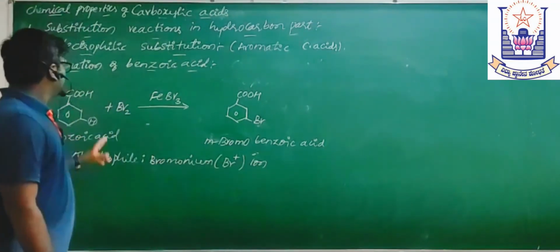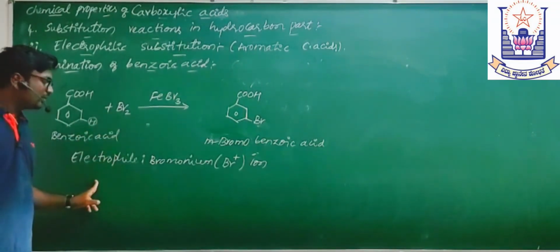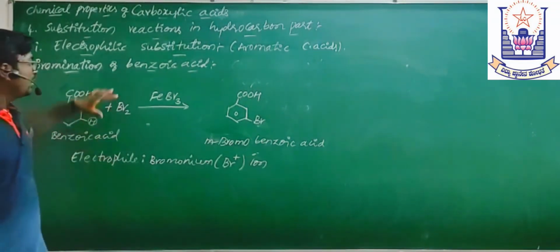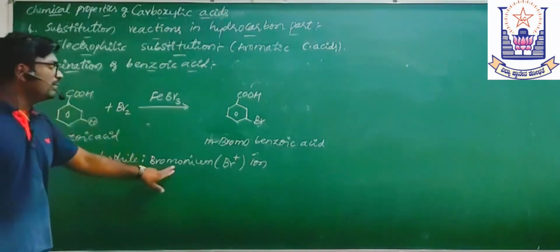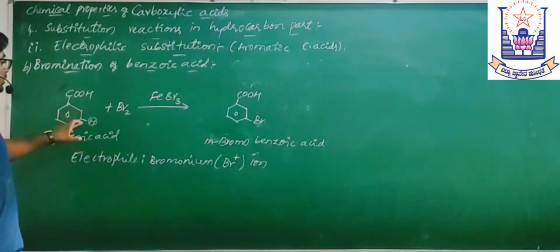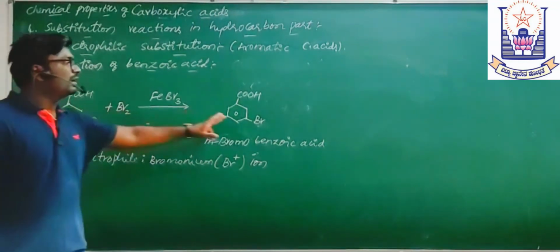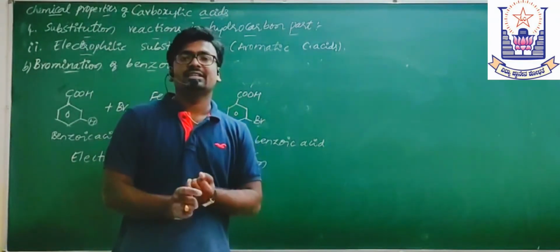Here, the attack of the bromonium ion, the electrophile generated after these two react, replaces the H plus of this benzoic acid, and you will get meta-bromobenzoic acid like this.